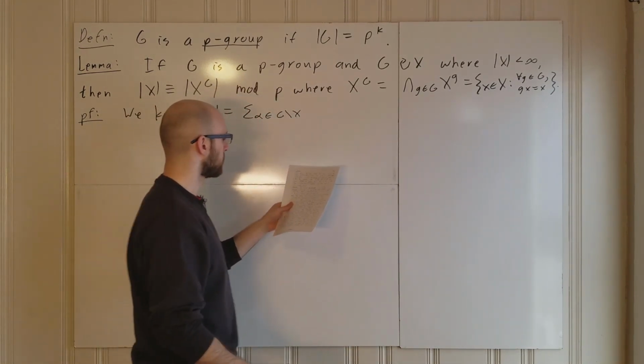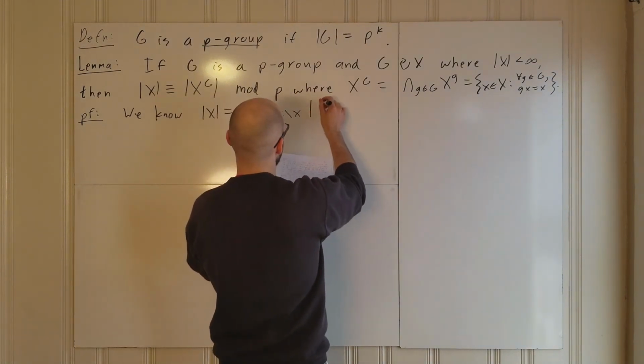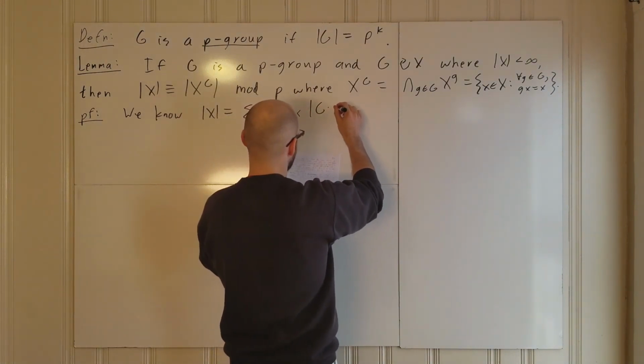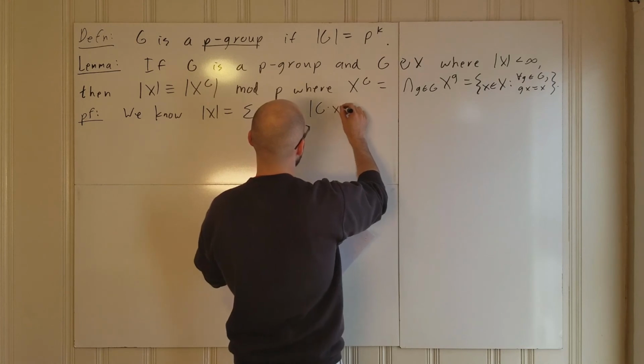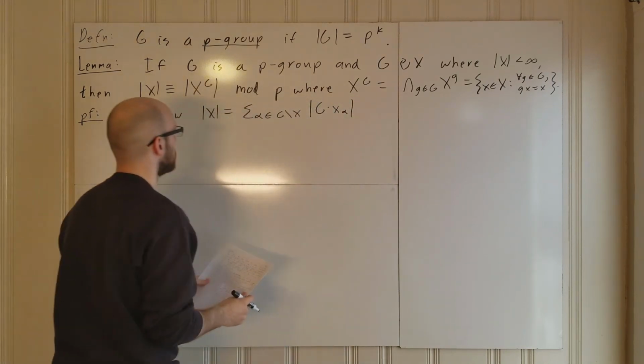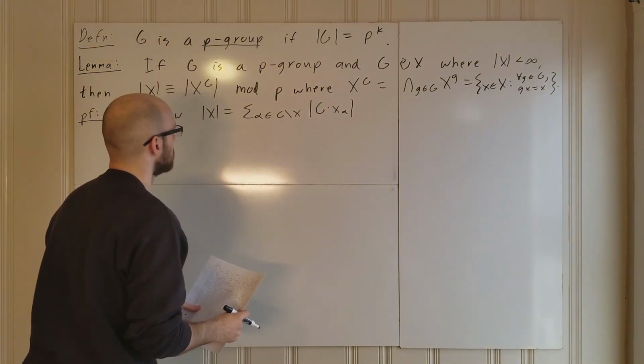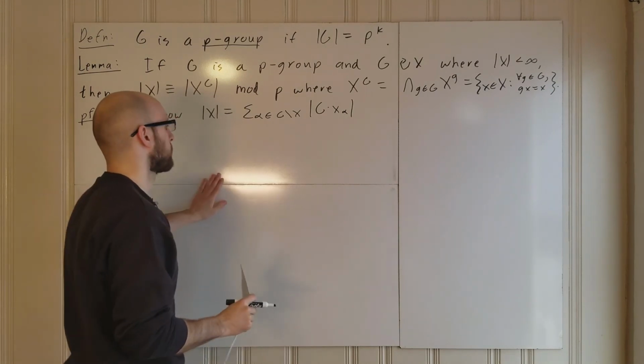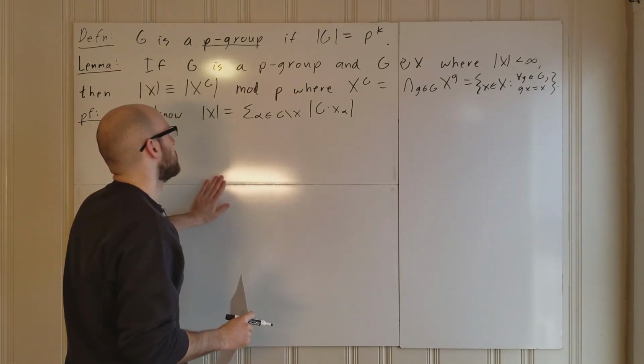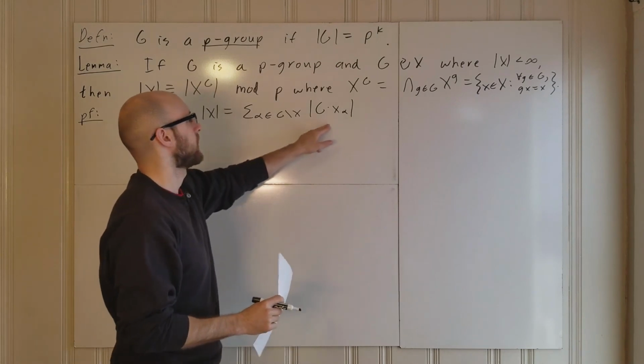And then we take the order of the orbit under this action. I think we could just call this the size of alpha.